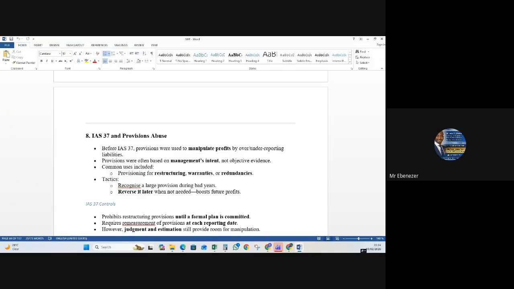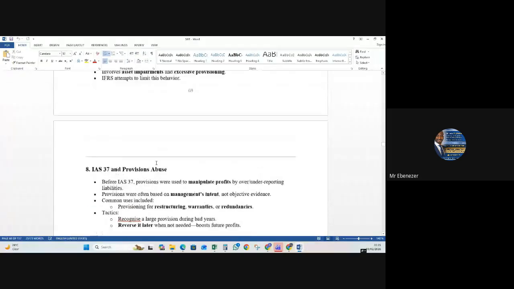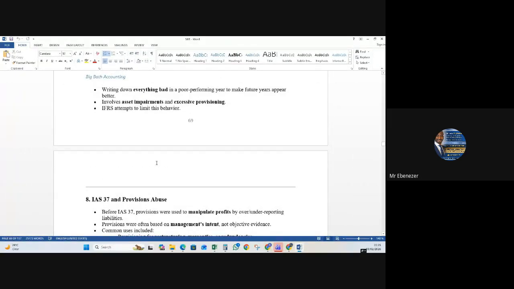Now, if there is new information, your changes in estimates must reflect that new information. All right. And also, one of these big baths that we have is on asset impairment and writing everything bad. Okay, this period is bad. This one is gone. This one is wrong.